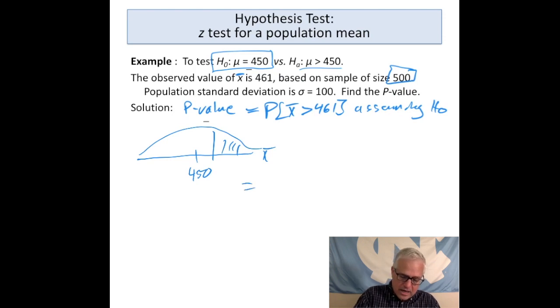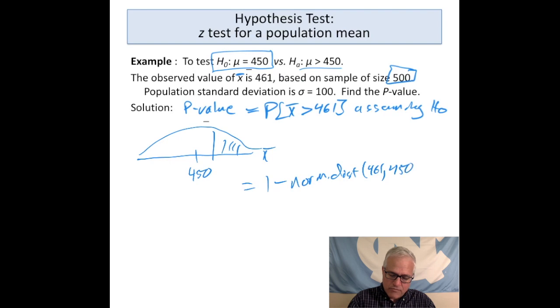So we know that that equals 1 minus norm.dist of 461, where the mean is 450, and the standard deviation is the standard deviation of X bar, not the standard deviation of the population random variable X. So that standard deviation for X bar is 100 over square root of 500. And then we have to write true or 1, whatever we want to put in the last spot. I put 1 there, but I've been writing true every time in class, so let me just add a true.